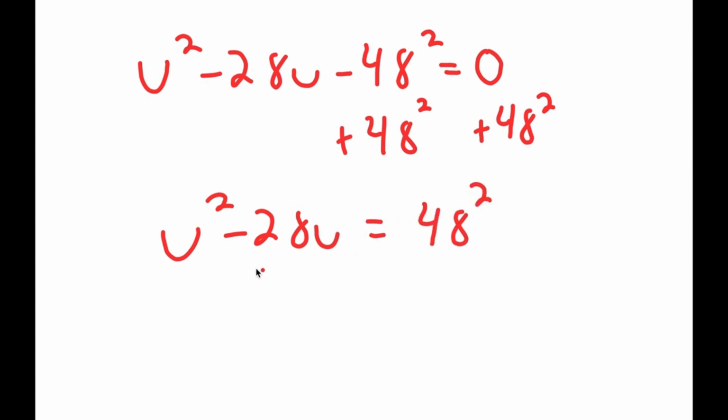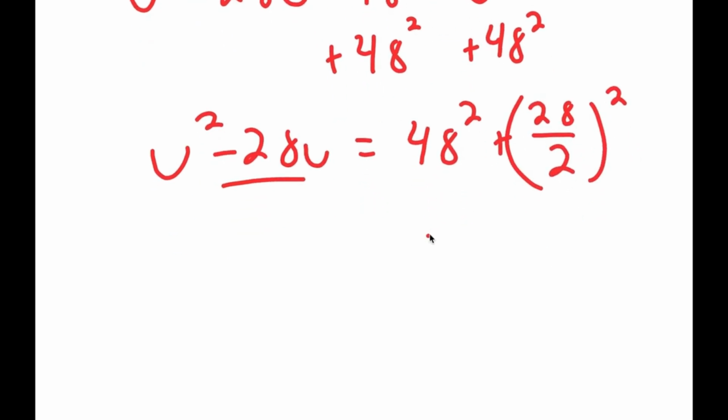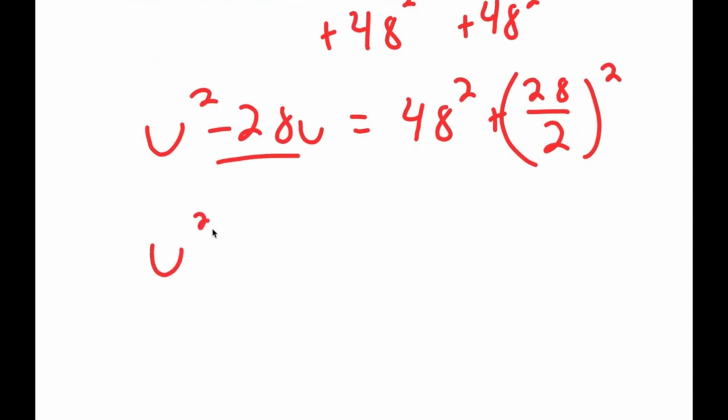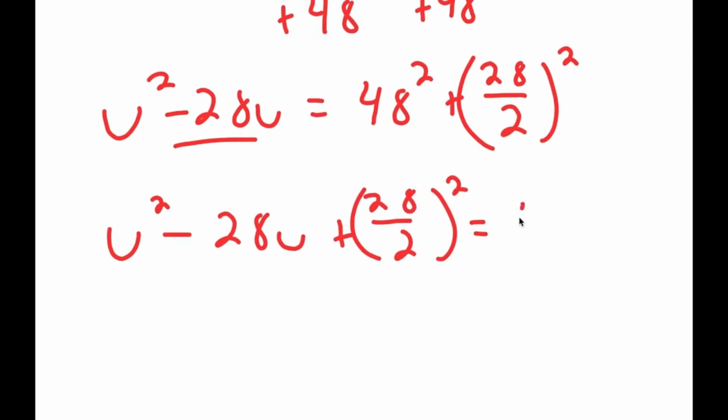Now I'm going to add negative 28, or we can say just positive 28, divided by 2 squared on both sides. If you guys don't know what completing the square is, you have to go watch a video on it.